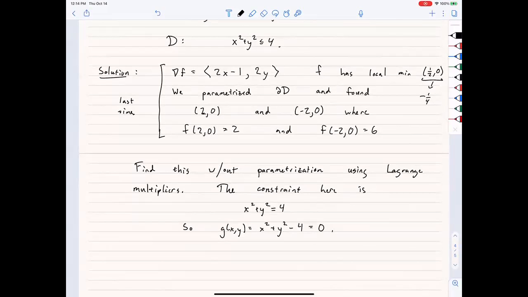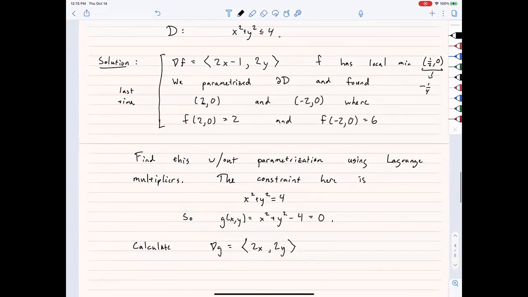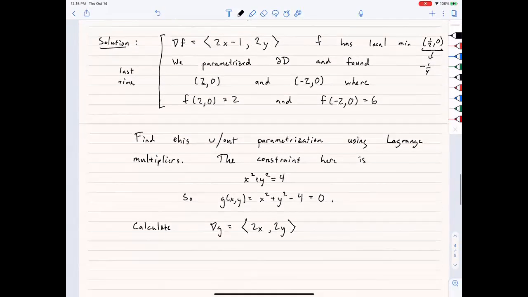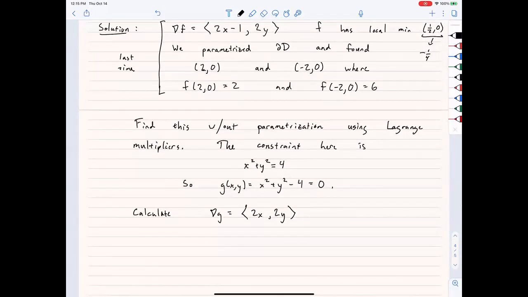Okay, now we want to solve this Lagrange equation. So we're going to calculate the gradient of g. And that's not hard. You just get 2x and 2y. So the equation that we're interested in solving, the Lagrange multiplier equation, there's another Lagrange equation in classical mechanics, which is different.